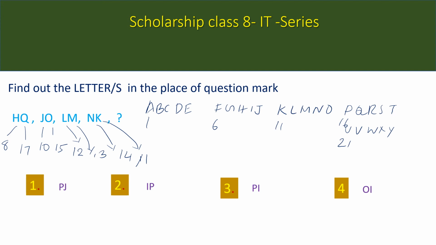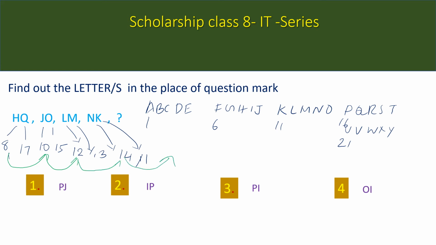Or can we see any relationship between alternate numbers? Because in the last video it was like that, 8, 10, 12, 14, there is a relationship. So that means it's a kind where two series are running simultaneously. That means 8 to 10, 10 to 12, 12 to 14, 14 to 16.